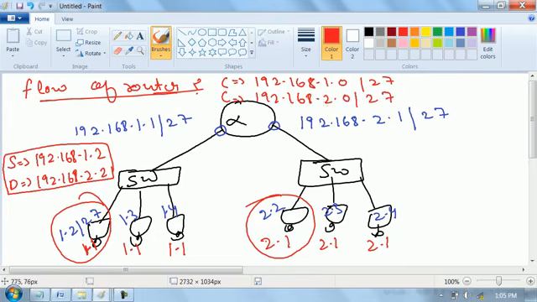Any problem? Now, I am here sending packet to which network? 2.2. Matching देखना कैसे होगी? Try to understand which part? Matching. Router match कैसे करेगा?